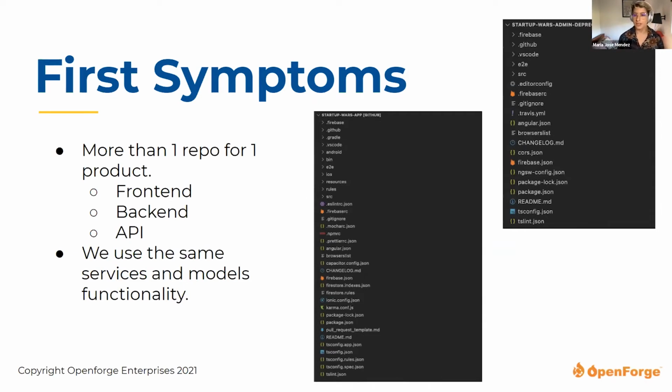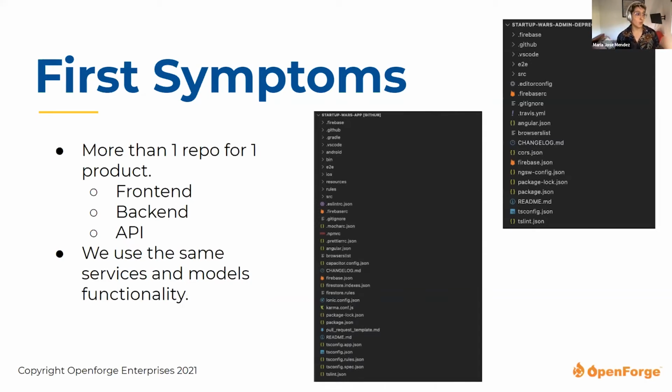Of course, we are going to use some collections, some models, some services in all of those. So we were having a lot of duplications and we were missing a lot of type safety because we need to get deadlines done. So that's the first symptom that we noticed.